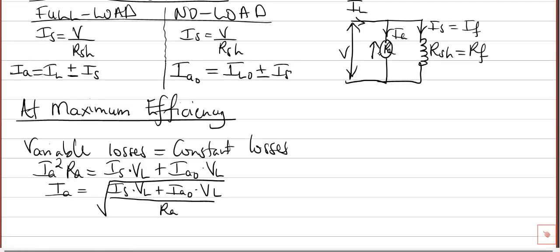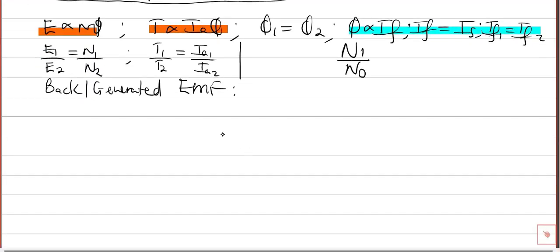To calculate your back or generated EMF, all you do is say E equals V minus IA RA. If it's a generator, you would add. If it's a motor, you subtract. Generator, you add. So this is the standard formula for how to calculate back EMF.